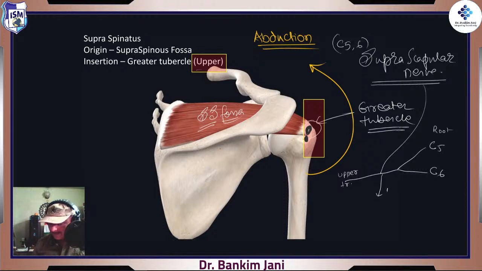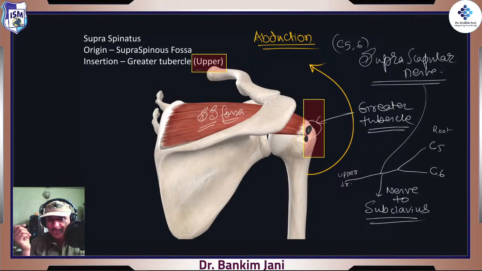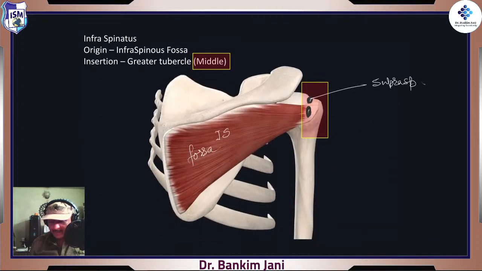Yes, that is the nerve to subclavius. Correct. This was the nerve to subclavius, the subclavius which is known to steady the clavicle, which is known to give support to our brachial plexus and the axillary artery.